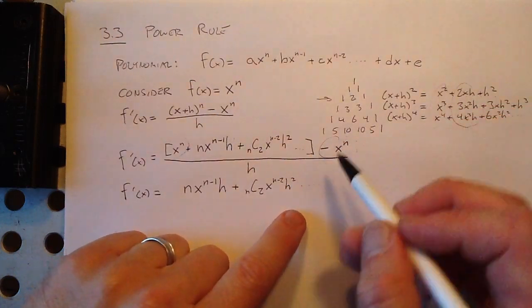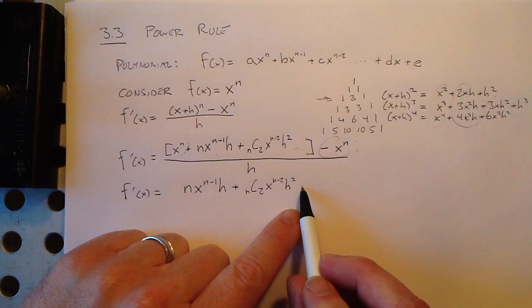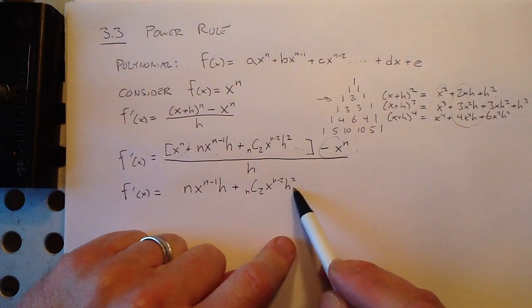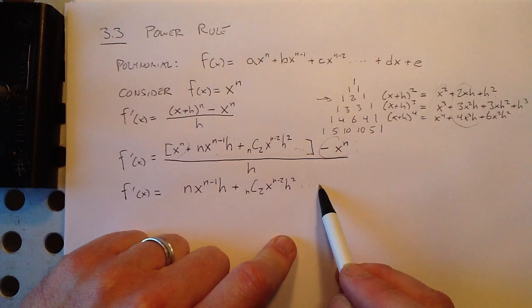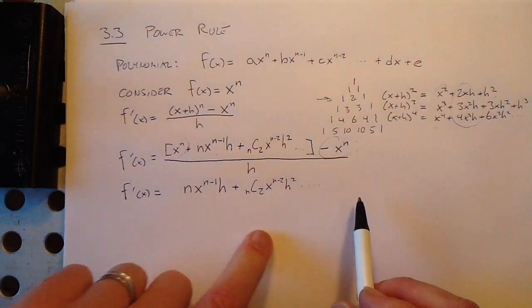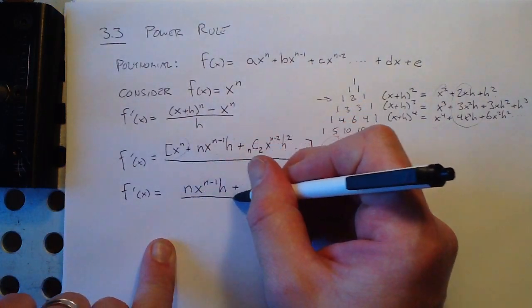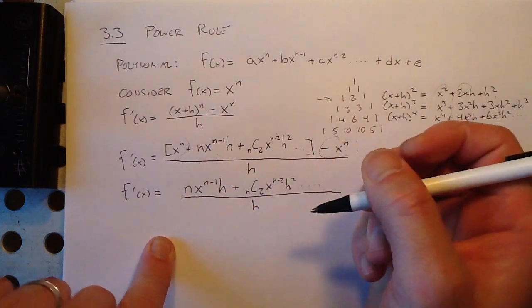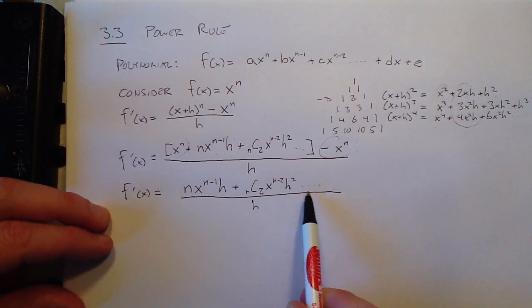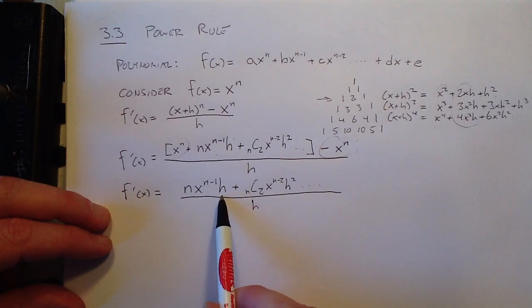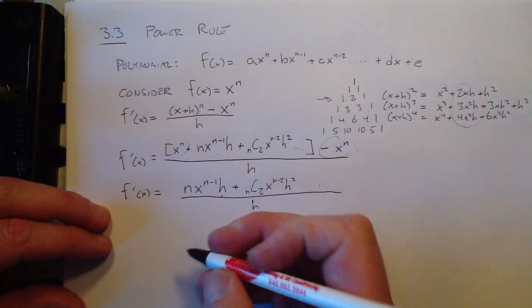And every single term that comes after, that's part of this dot, dot, dot, has even more h's in it than this, right? It's going to be h cubed, and then h to the fourth, and so on and so on, for as many terms as we have, all over h. And notice that all of these terms have at least one. This one has one h, this one has two, and so on and so on.